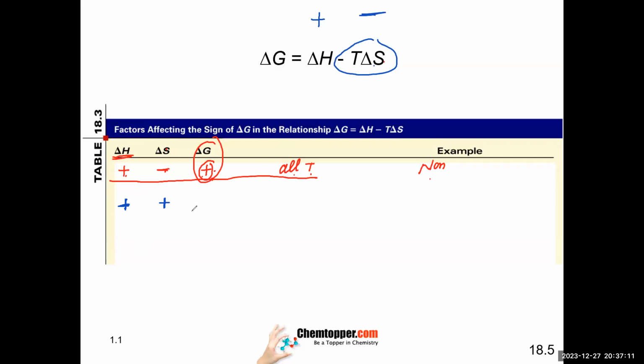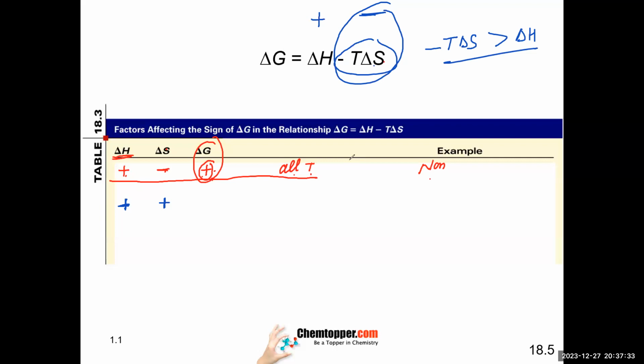So is this process spontaneous at all temperature? Now you have to understand this is negative, right? So it means if this T delta S, which is negative, is greater than delta H, only then delta G is negative. Only then delta G is negative.